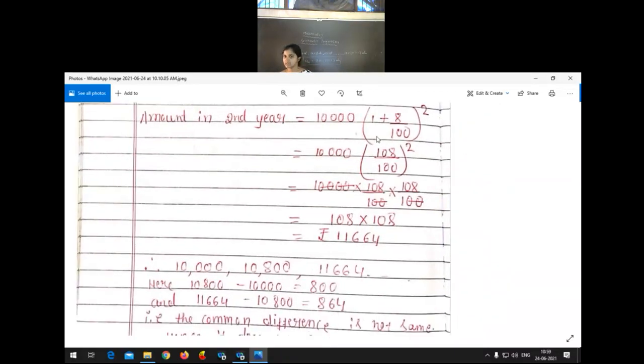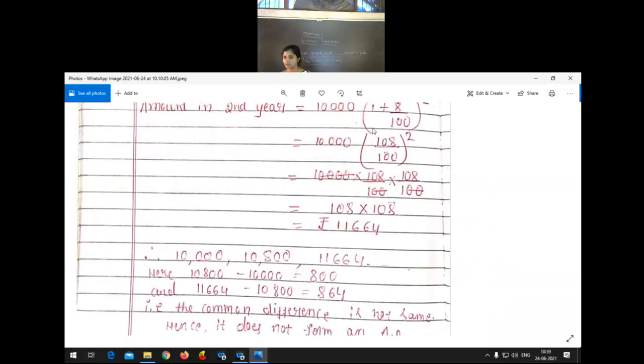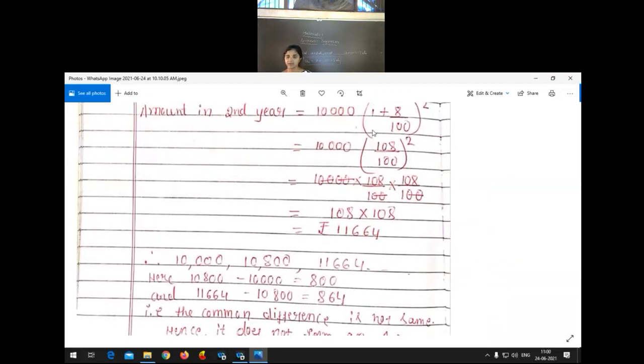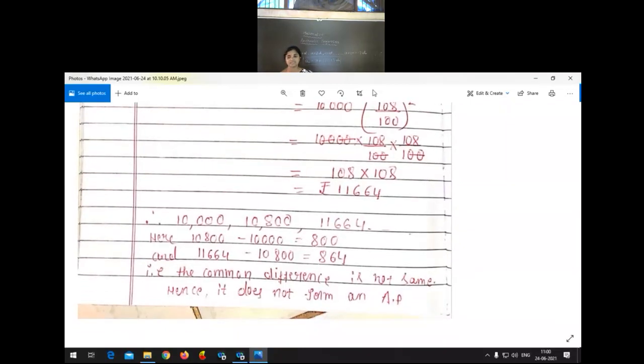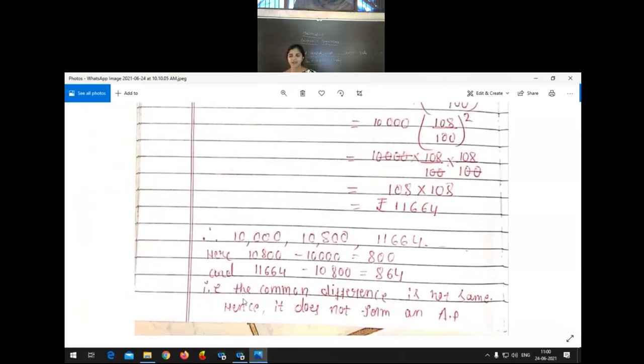That is 10,000 into 108 by 100 into 108 by 100. After simplification, we get 11,664.